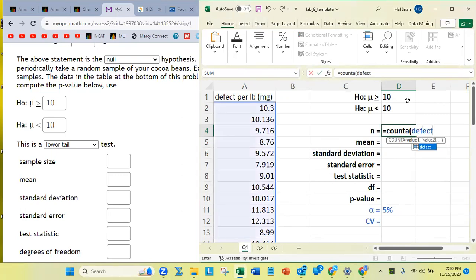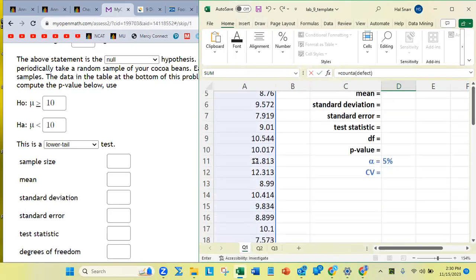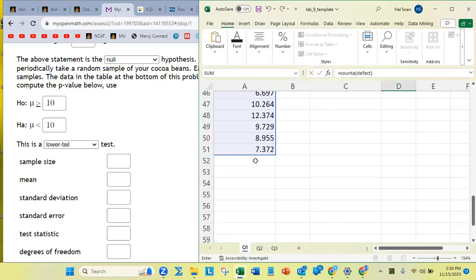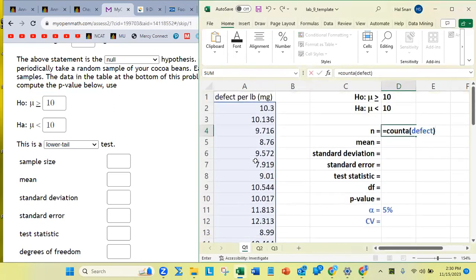And notice when I type defect in parentheses, the numbers are highlighted in a blue box. So I know that I've named it correctly. And I get 50. So there are 50 beans in my sample, right?